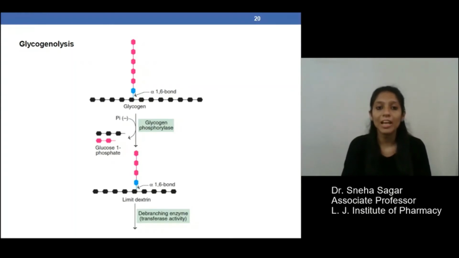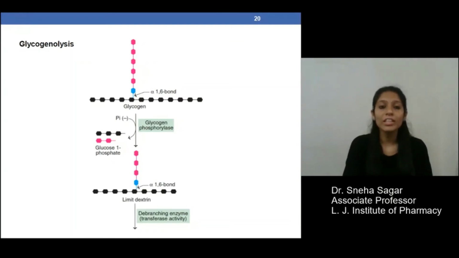With the enzyme glycogen phosphorylase, it is responsible for the formation of the limit dextrin, which has 4 glucose units attached to the central glucose on the right hand side, the left hand side, and at the branching point we have 4 different glucose units attached in case of the limit dextrin.